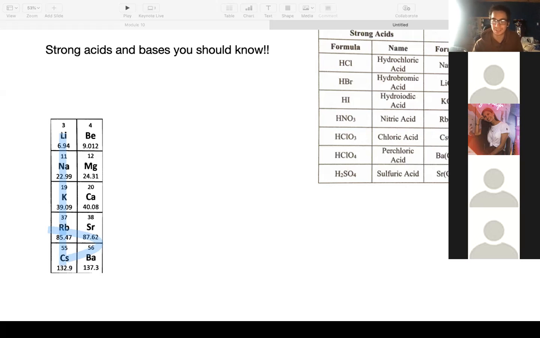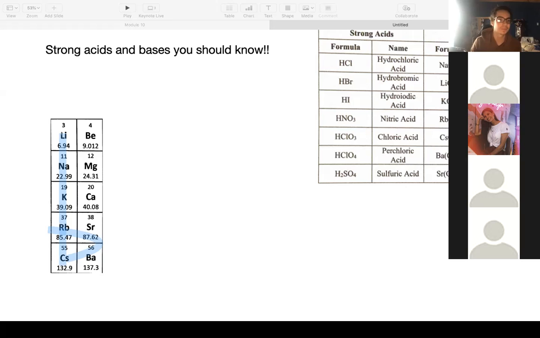So it starts at lithium, goes down to cesium, and then that little curvature between, I think, rubidium, strontium, barium, and cesium. Yeah. So that's a neat trick to know your strong bases.